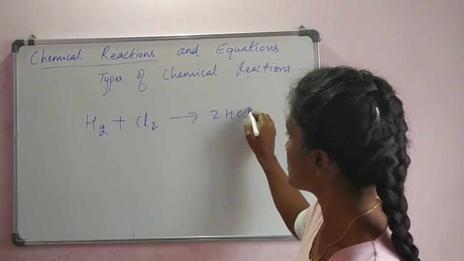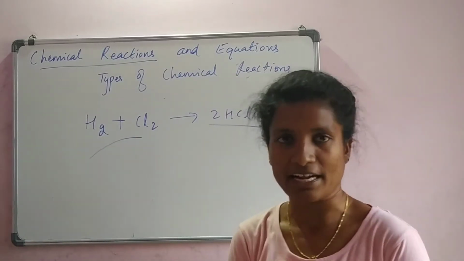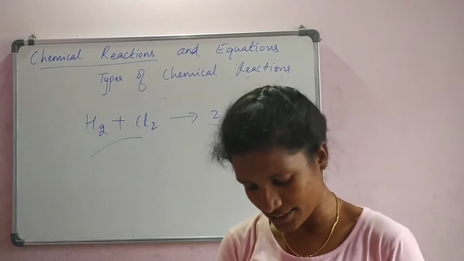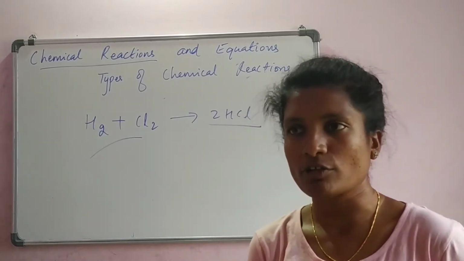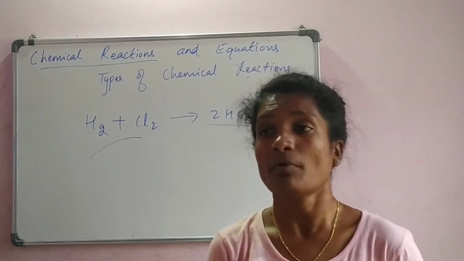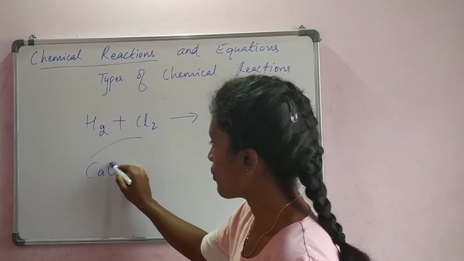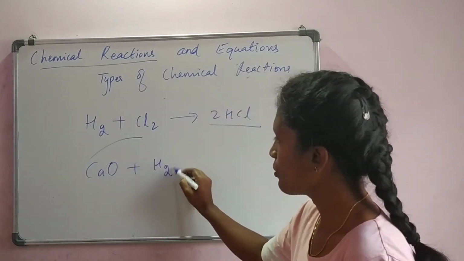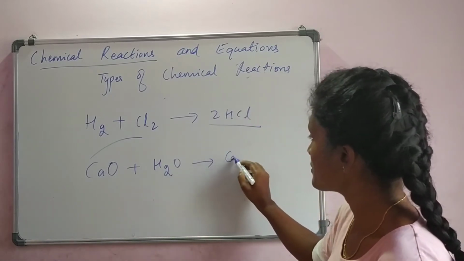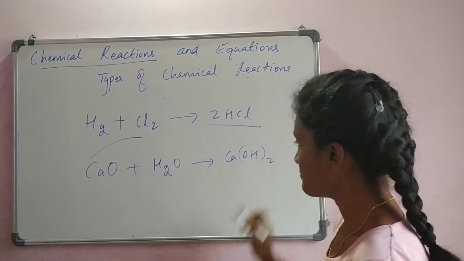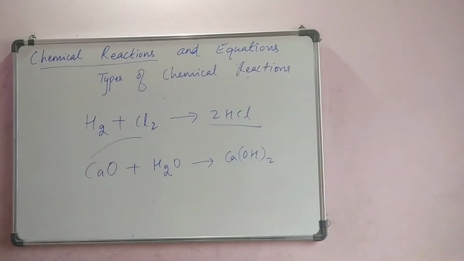So it gives 2HCl, isn't it? Single product, multiple reactants. There are many more like this, so you can go through each example. Calcium oxide reacting with water to form calcium hydroxide is also an example. This is calcium oxide, this is water, which gives rise to calcium hydroxide. So this is all an example for combination reaction.